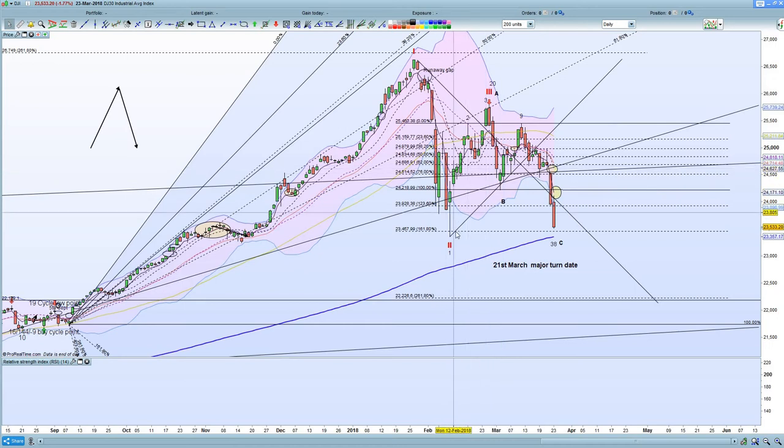Now obviously this low to high angle doesn't have any relevance, and we don't use it as a trend line because it doesn't act as a trend line, and that's not its purpose. Likewise for the 45 angle.